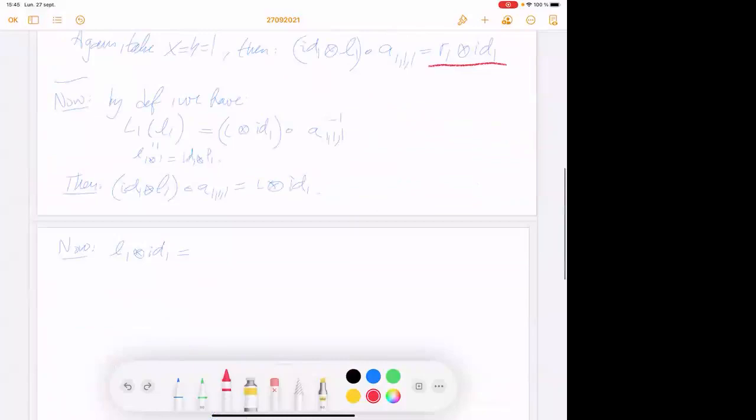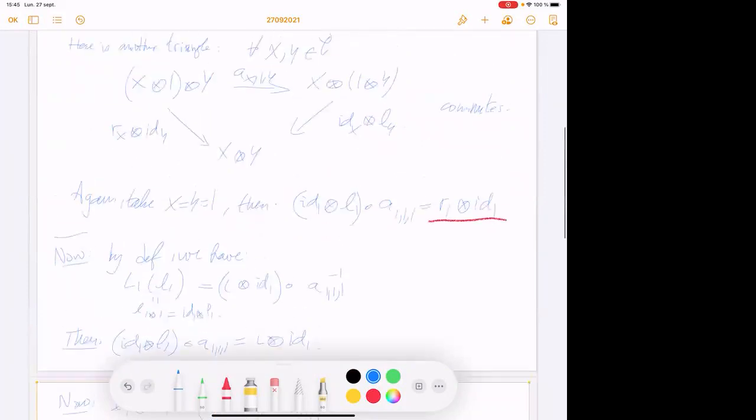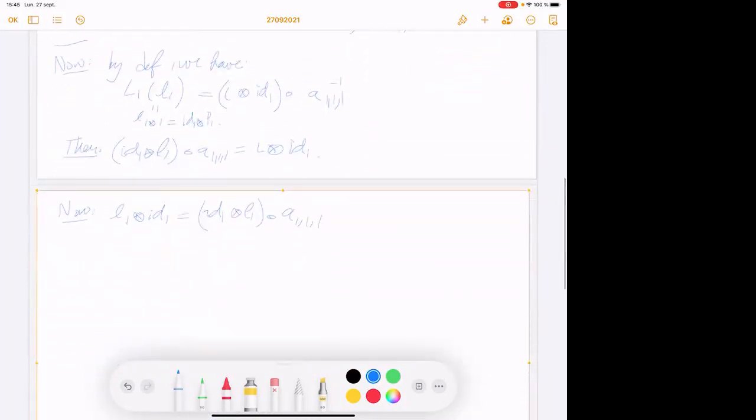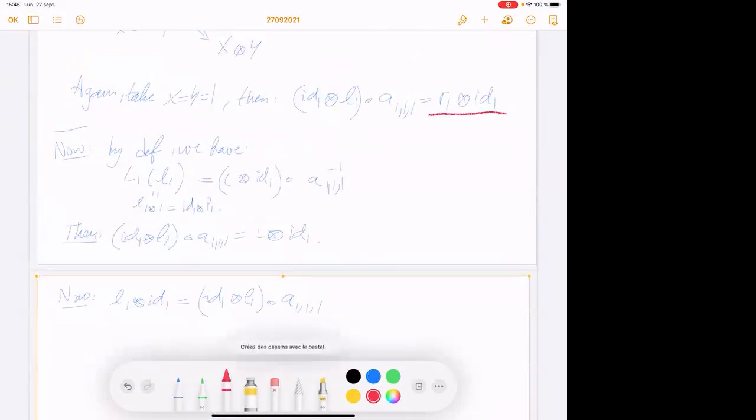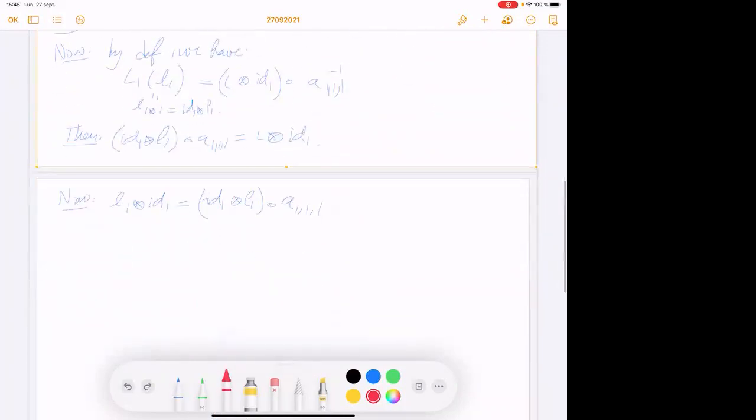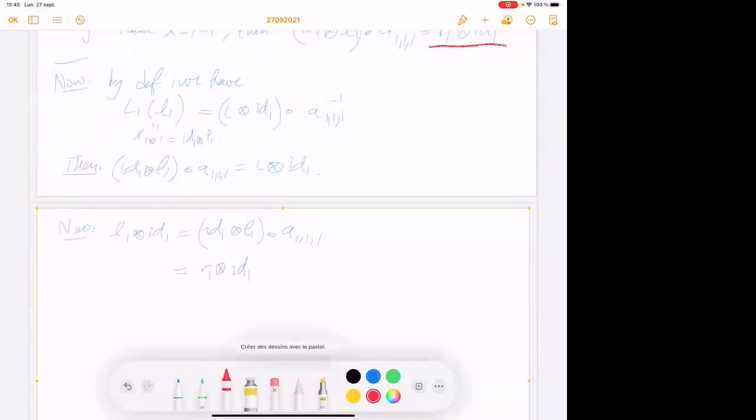So it is equal to ID1 tensor L1 composed with A111, which is also equal, by this equality here, to R1 tensor ID1, and it is also equal, with this equality here, to iota tensor ID1. Okay.